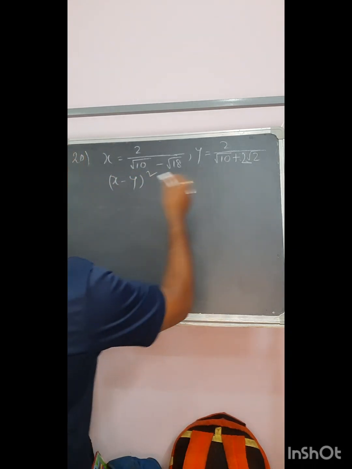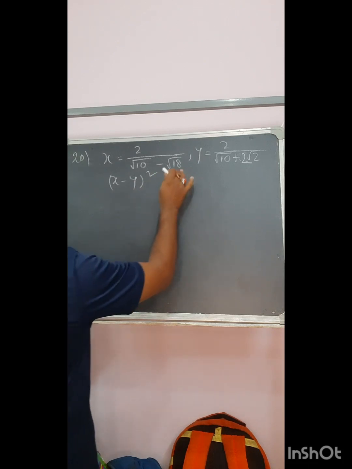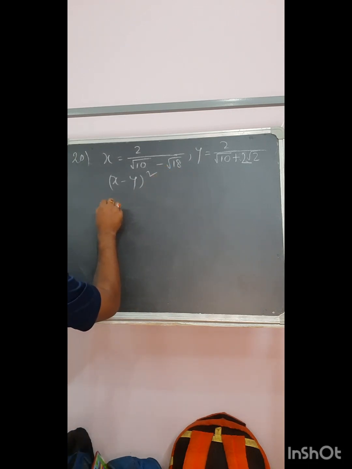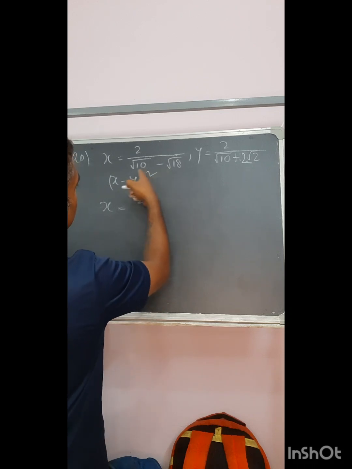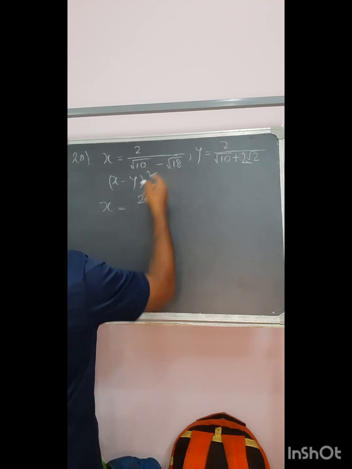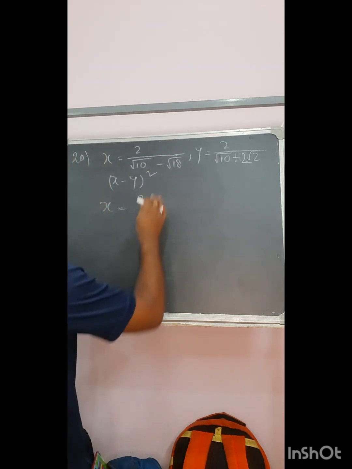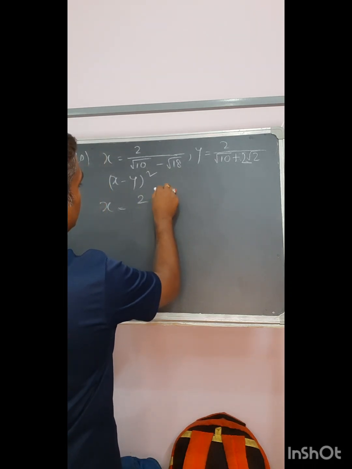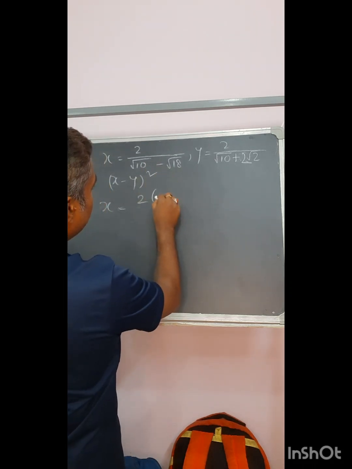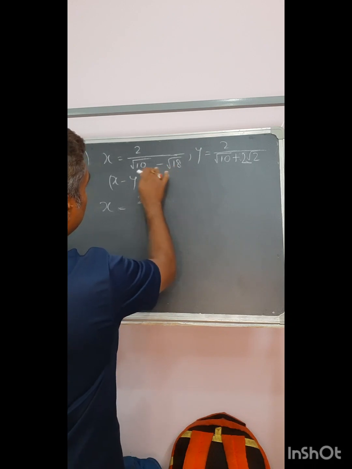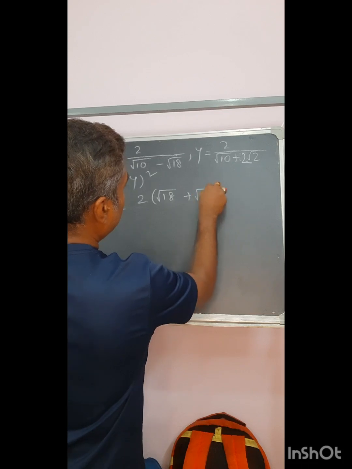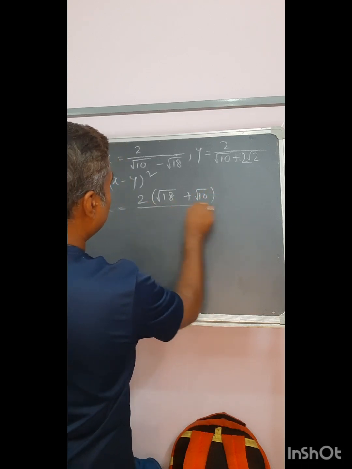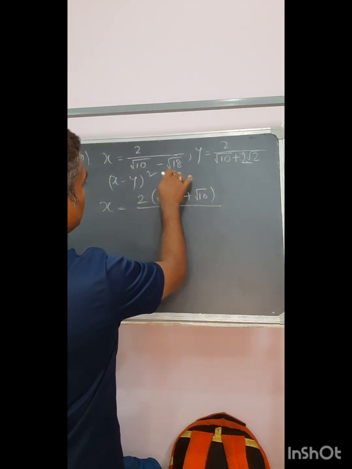Now you have to simplify this. You can understand by seeing the value, it cannot be solved like that. So for x, I have to eliminate the denominator. To make the denominator free of surds, it will be multiplied with the similar one, with the opposite sign at the bottom.